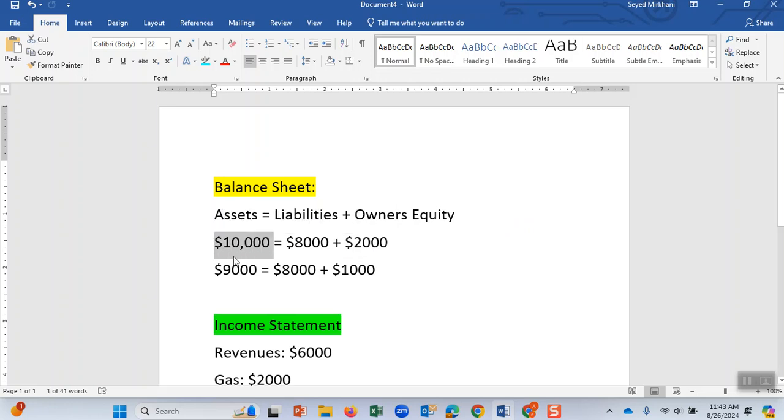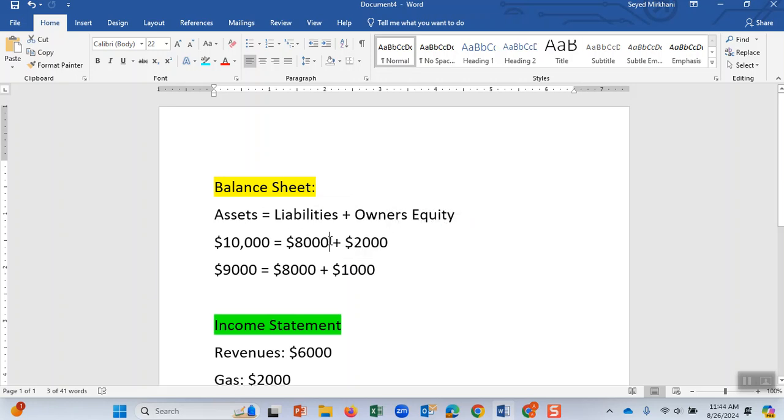Therefore, the assets of this cab driver when he or she buys the car is $10,000. Where does this $10,000 come from? $8,000 of it comes from the bank, and $2,000 of it comes from his own money. Therefore, as you see, this $10,000 is always balanced with 8,000 plus 2,000.